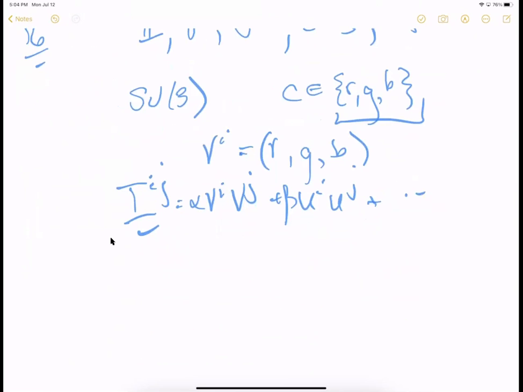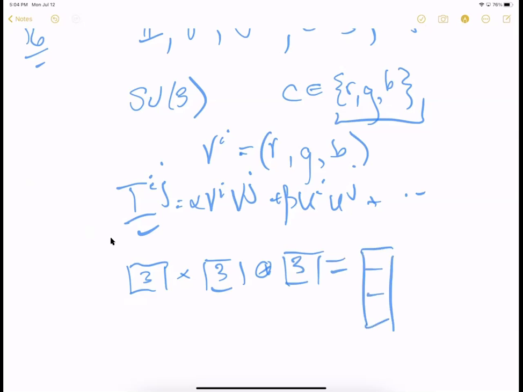We've already done this with the Young tableau. We can take products of these, and we know that if we take a product of three, for example, there's a singlet, and there are two octets, and there's a decaplet. So we've already run through that and identified various particles with them.